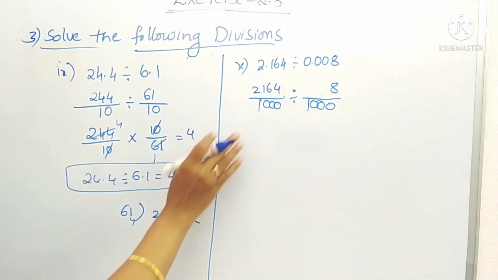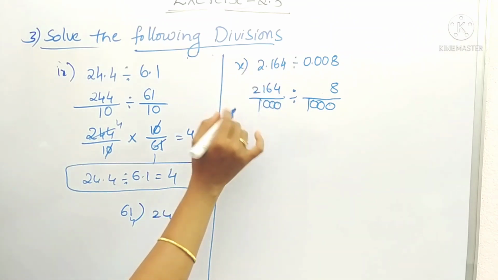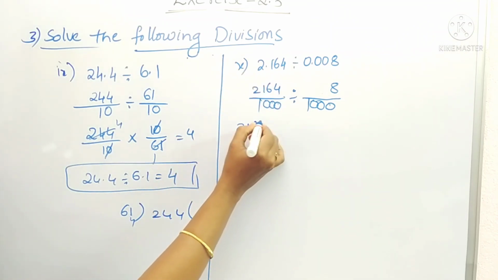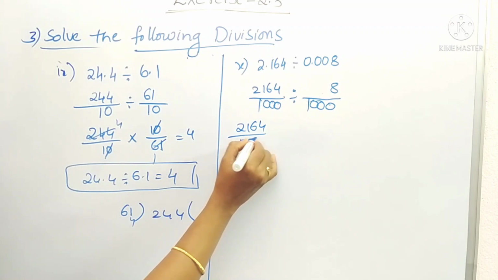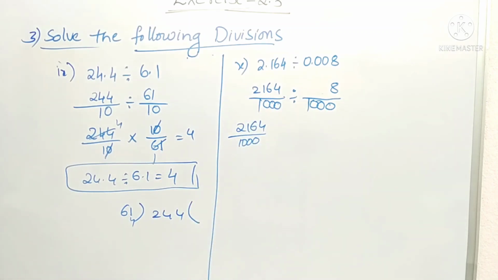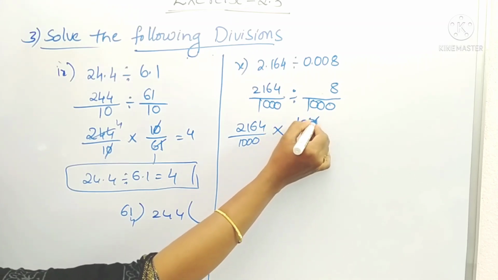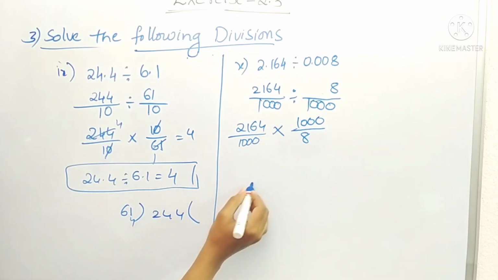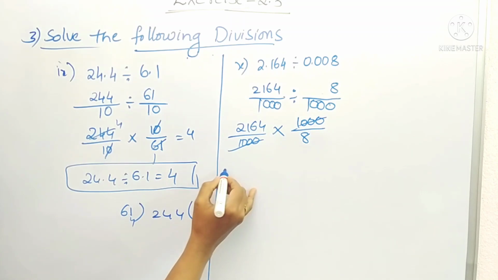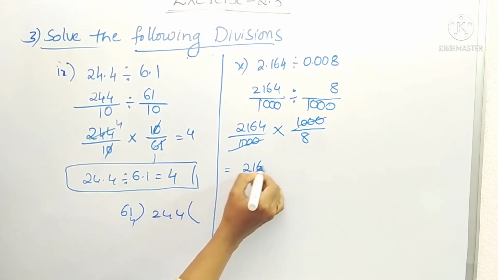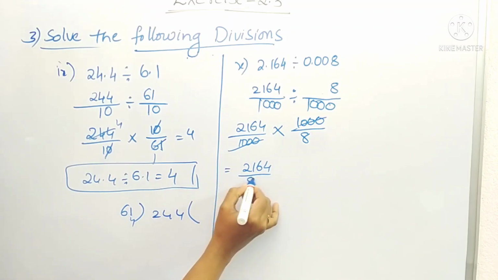Just for your understanding I wrote. Okay, no need of writing. So now the first fraction write the same as it is, and in the place of division put into, and the fraction will get reversed. So 1000 and 1000 will get cancelled. So here 2164 by 8.